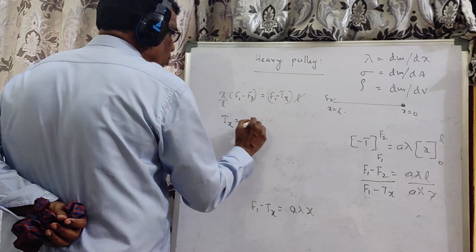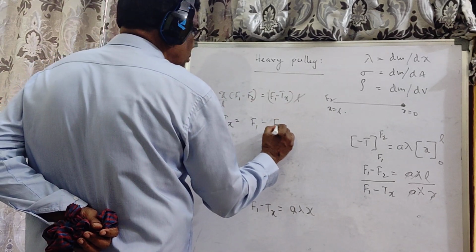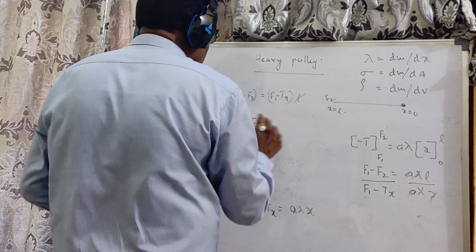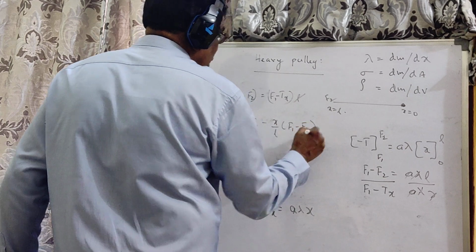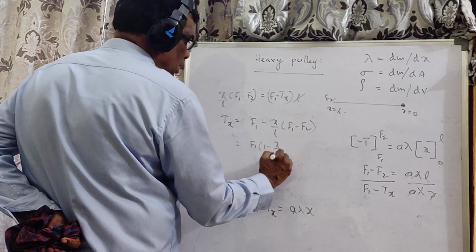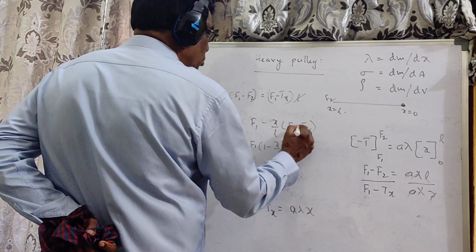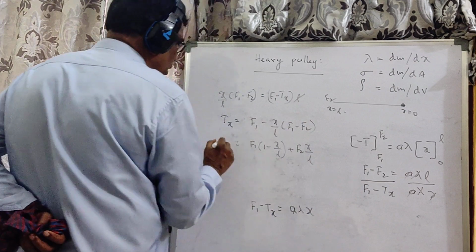I will retain F1 here. If the whole thing goes, minus x by L, F1 minus F2, I can write F1 into 1 minus x by L, minus minus plus F2 into x by L.